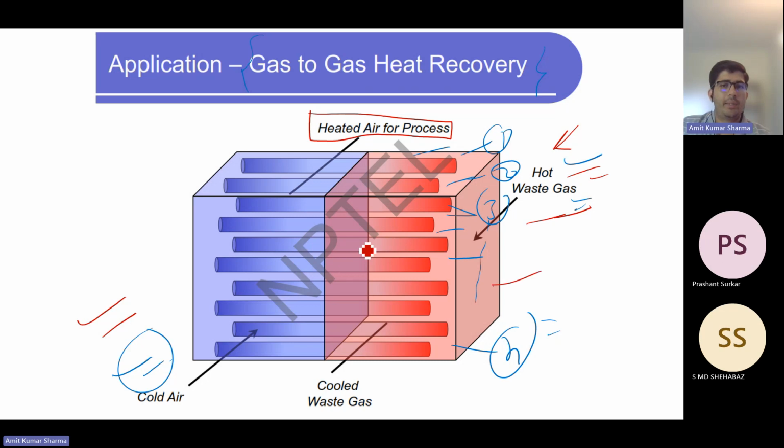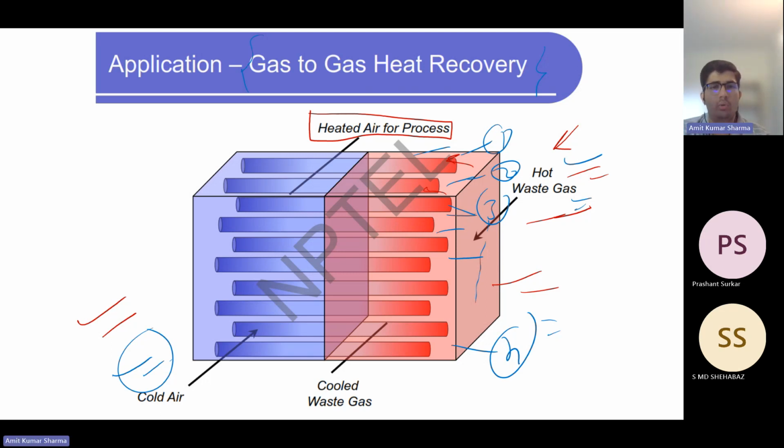Okay, so this is the best example, and you can see the simplicity. You just have to install the heat pipe. There is no external power required. There is no handling of liquid like in our other heat exchangers. So it's a very simple system.